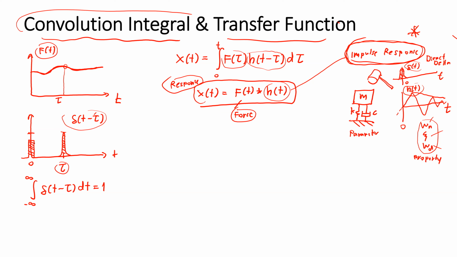And when we multiply by the value of the function, we're gonna have the impulse response at that point of time. Here, the input is Dirac delta. Magnitude of Dirac delta is equal to 1.